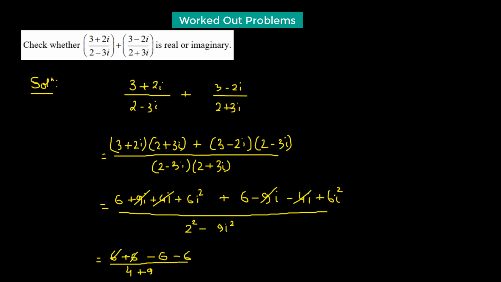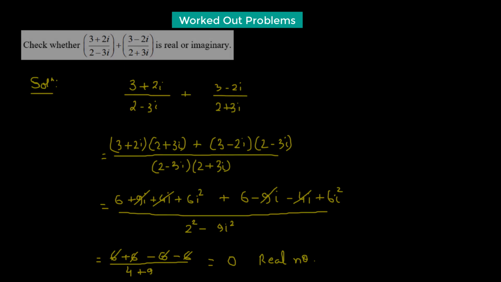Now we see that all the terms in the numerator cancel out each other, and the final answer will be 0, and this will be a real number. So that means the sum of the two complex numbers is giving us a real number.